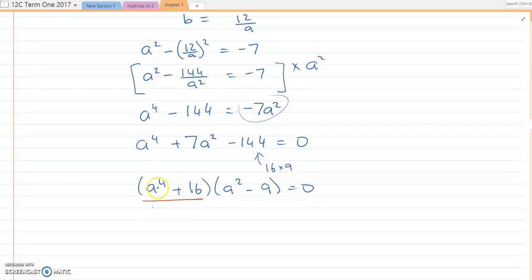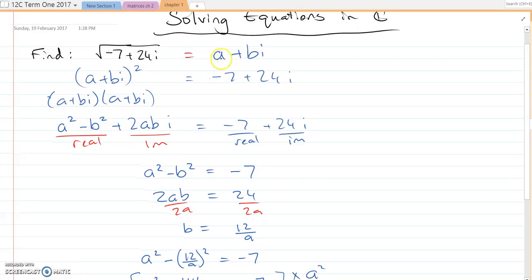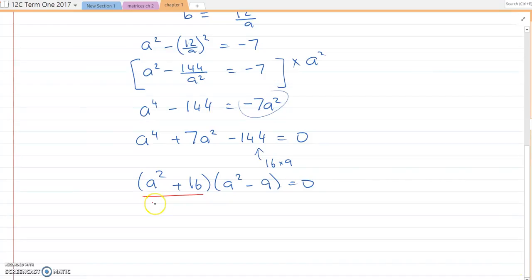And of course that should have been a squared. This will give you a as 4i or minus 4i. And when you write a complex number a plus bi, you're assuming that these a and b are real numbers. So no solution to that part.